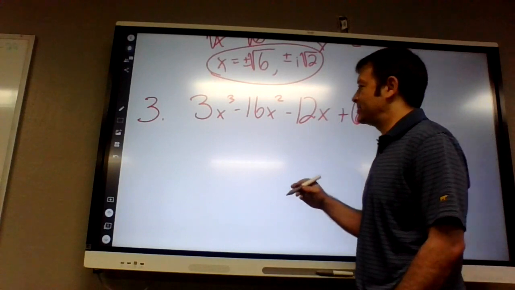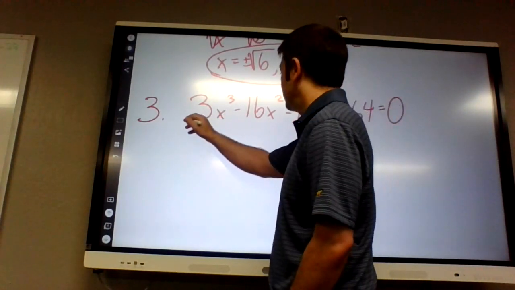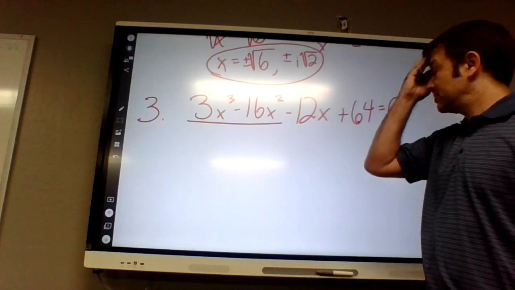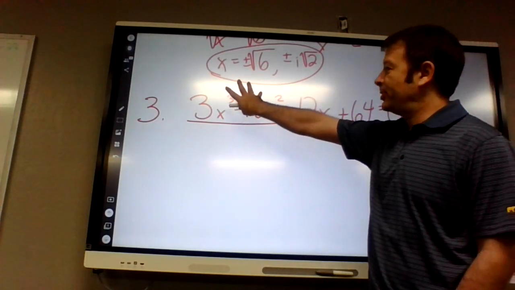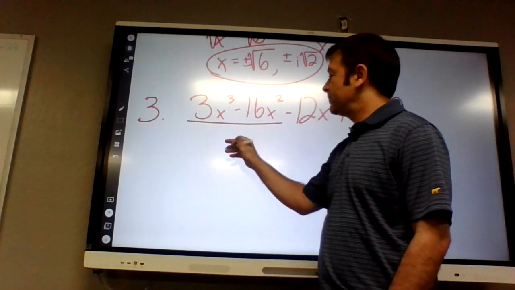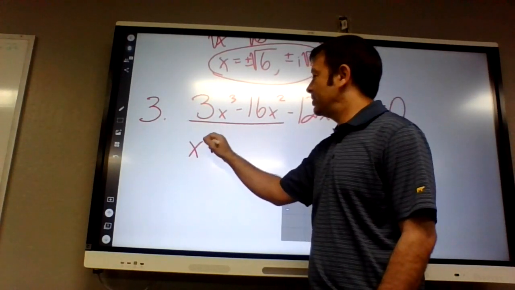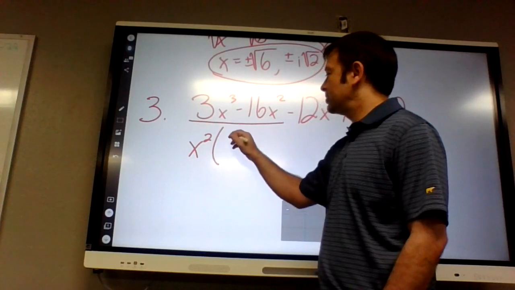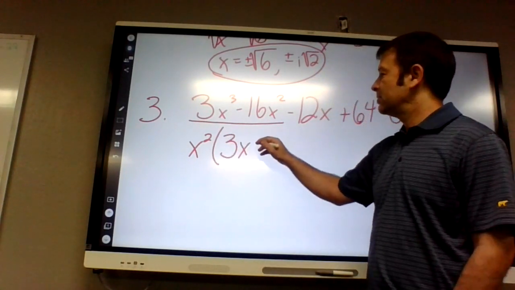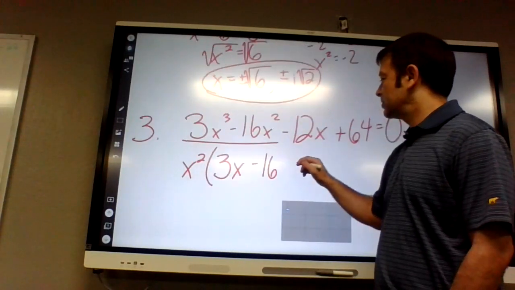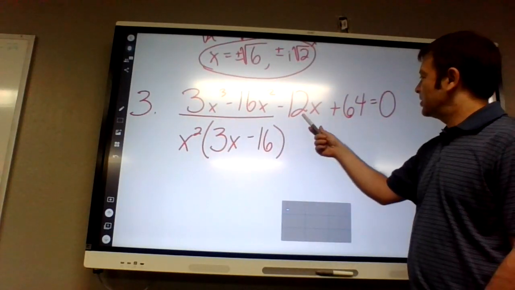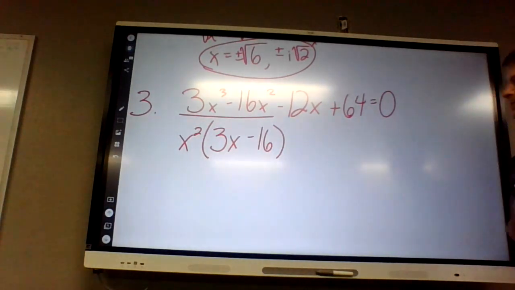So do you guys remember what I said to do? What comes out of those 2 terms? It's called grouping because we're grouping the first 2 and the last 2. x squared comes out, and then what's left? Alright, what can I take out of those 2?